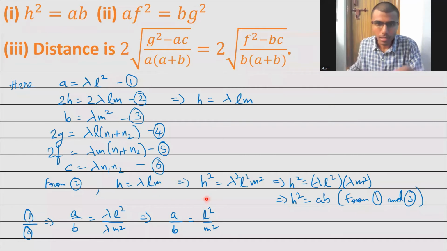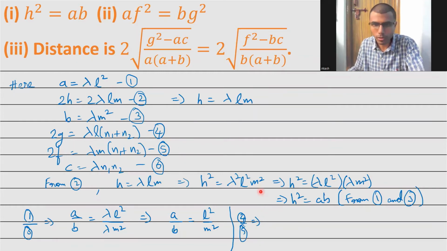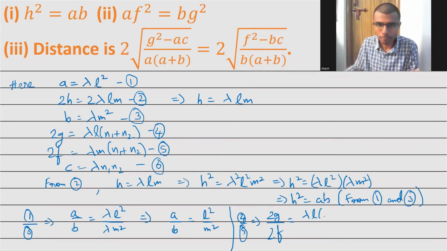Now A by B is nothing but L square by m square. Now I'm going to divide 4 by 5 so that I'll get G by F. What is the LHS of 4? 2G by 2F is equal to lambda L into n1 plus n2 divided by lambda m into n1 plus n2.